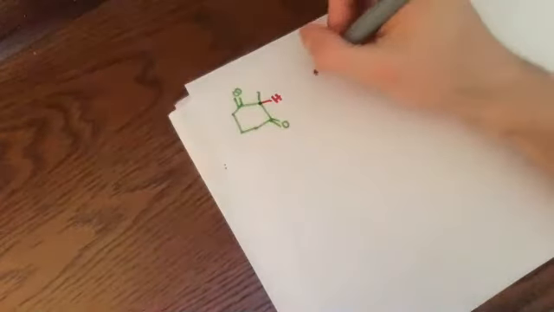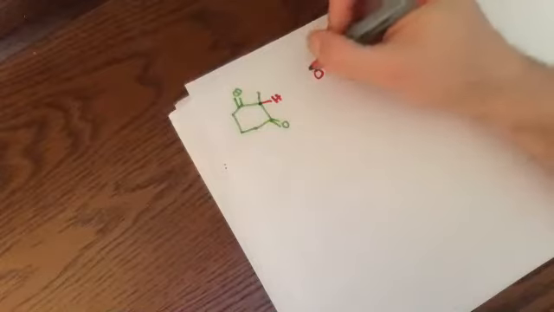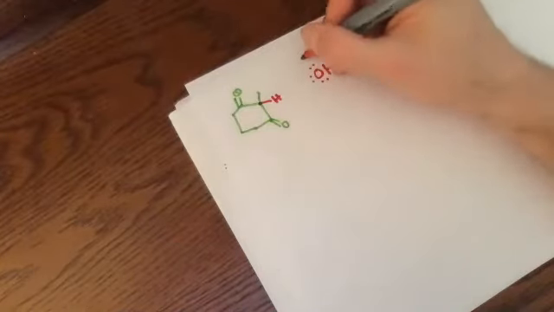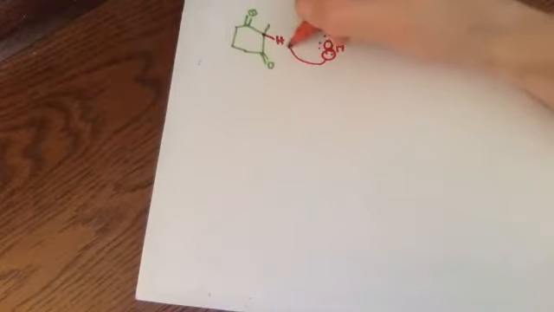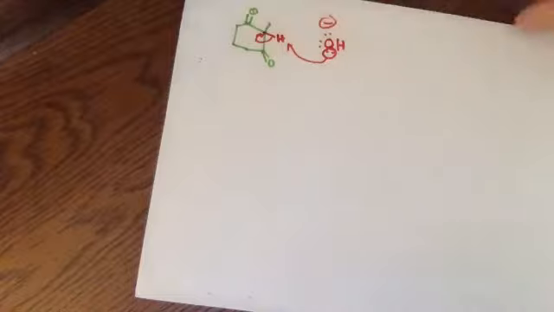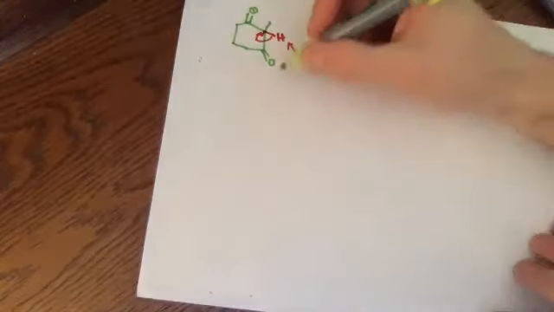We're going to throw in NaOH, so OH minus. Pull off our proton, make an enolate. I'm just going to draw it as the negative being on this position, so I don't have to draw both those resonance structures.